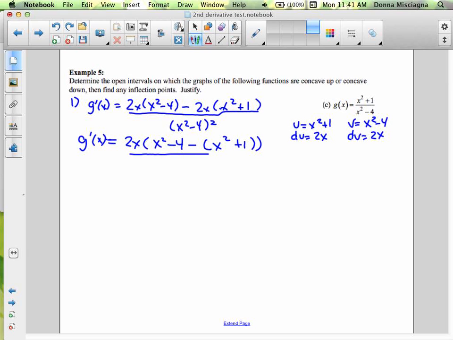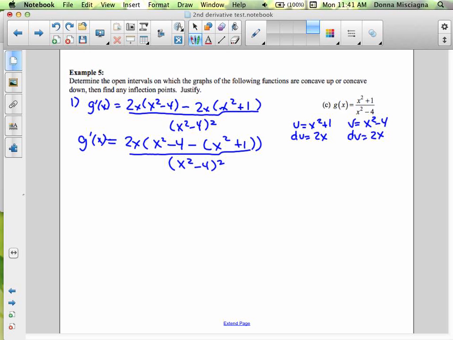Be careful with this when you're simplifying. I can factor out the 2x, but I would still need to distribute the negative, because 2x times negative 1 would equal negative 2x, and you have to distribute it to both those terms. So parentheses will help you there. And then divided by x squared minus 4 squared.